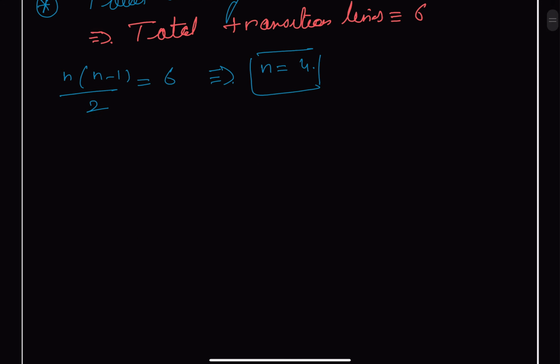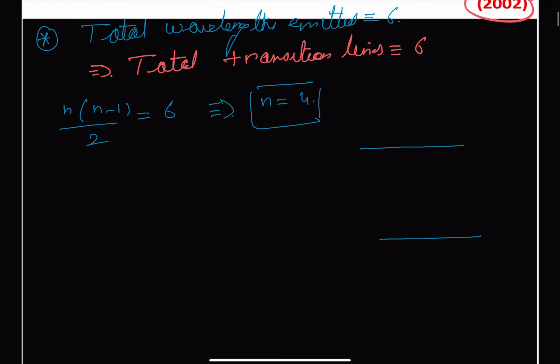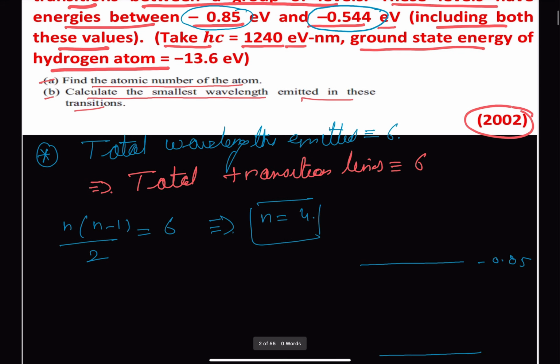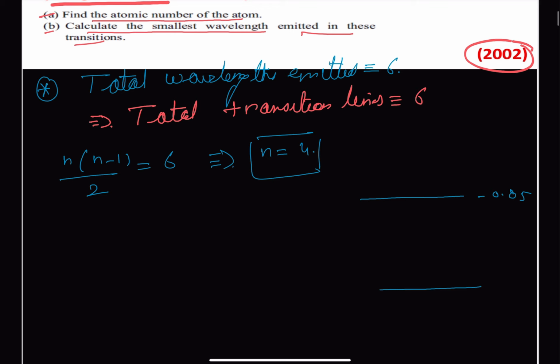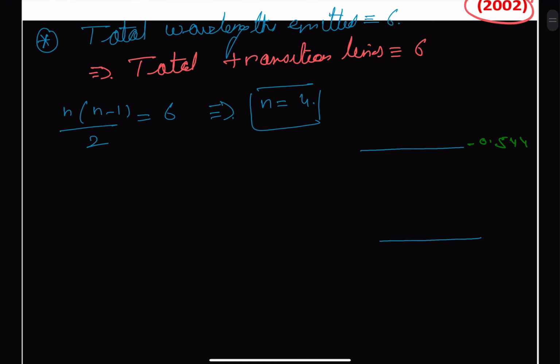So if we take the extreme levels, one will be minus 0.85 and the other will be minus 0.544, because it says inclusive, and in totality this will be 4 levels.